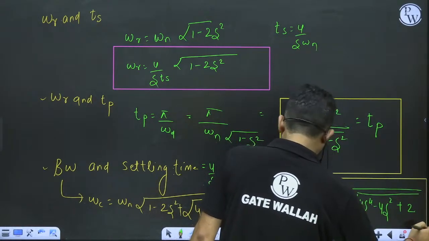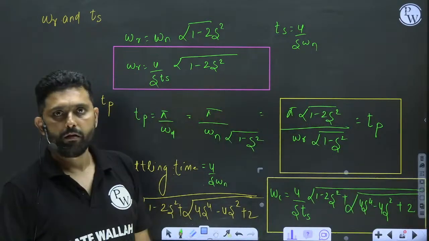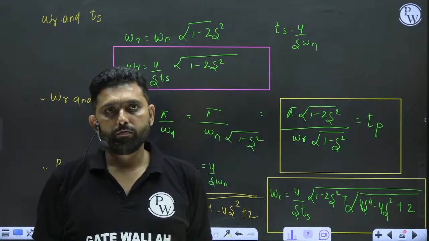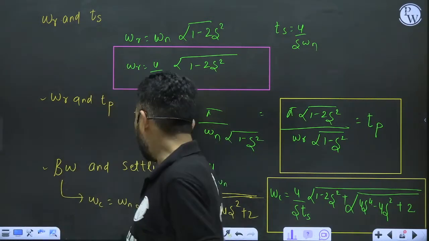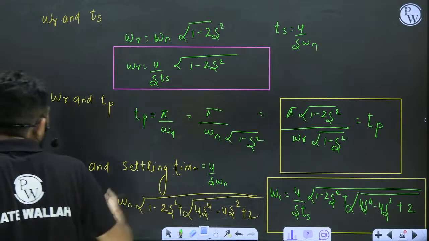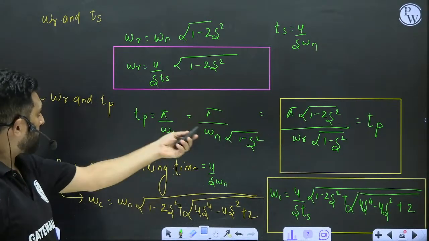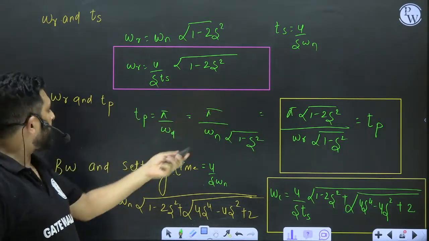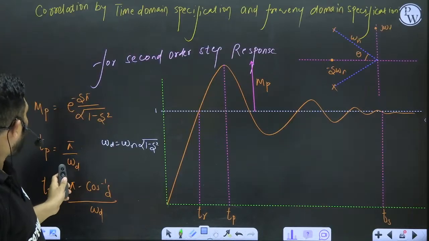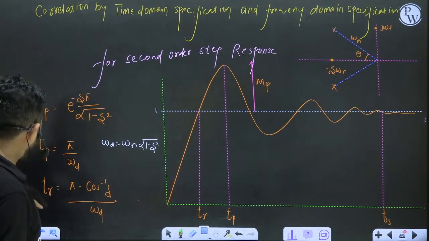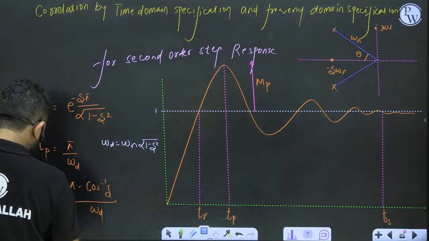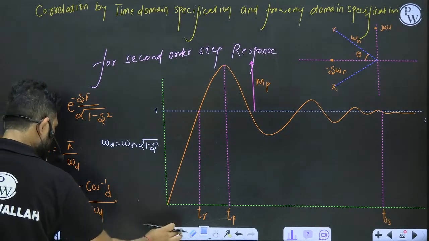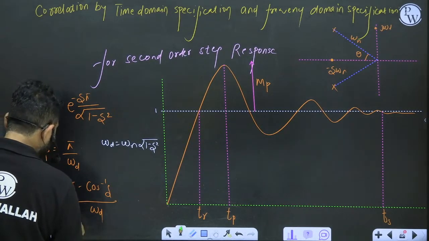Again, a very important formula. So no need to remember, sir. See, you have enough formulas to remember. Don't remember these kinds of things, like what omega r is in terms of settling time. We know everything. We know MP, TP, TR, and TS, and TS is 4 by zeta omega n.